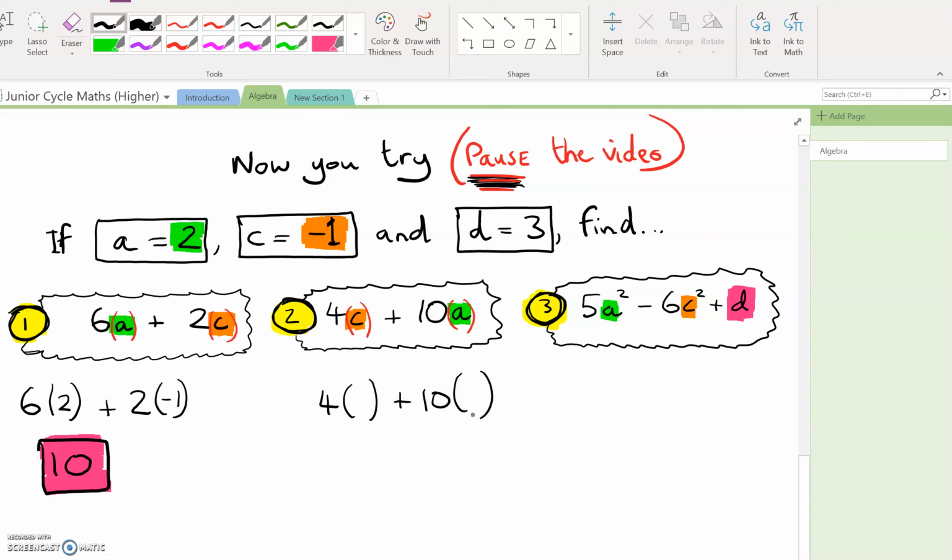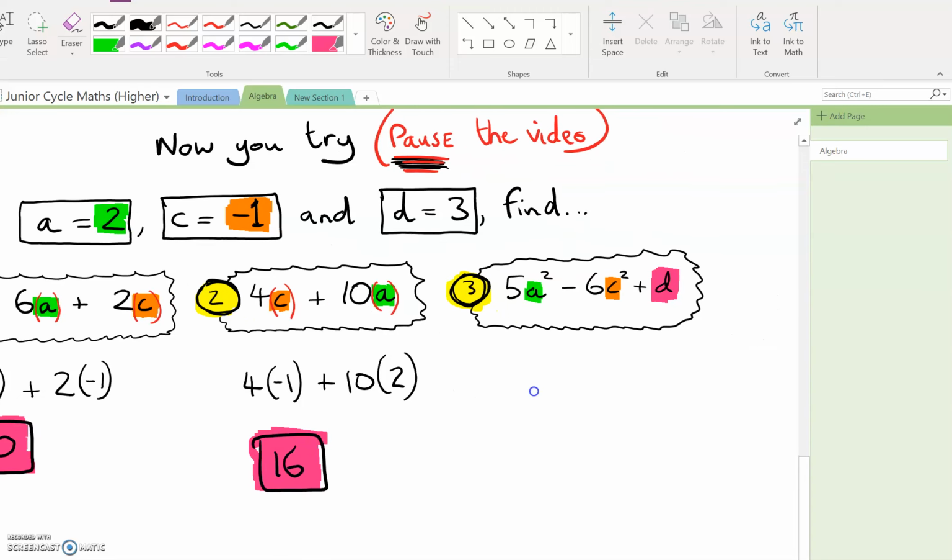Put the numbers in. What's C? -1. What's A? 2. Type it into the calculator. You'll get 16. Did you get it? If you did, well done. If you've now gotten 2 out of 2, really well done.